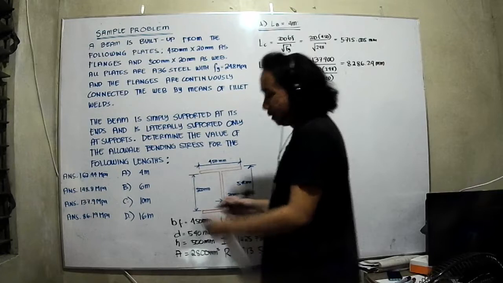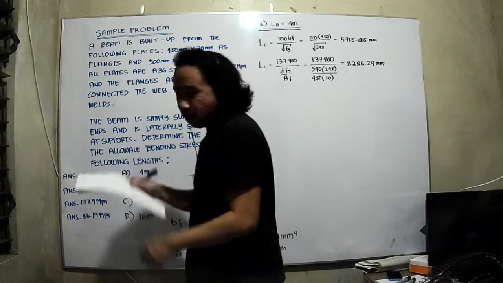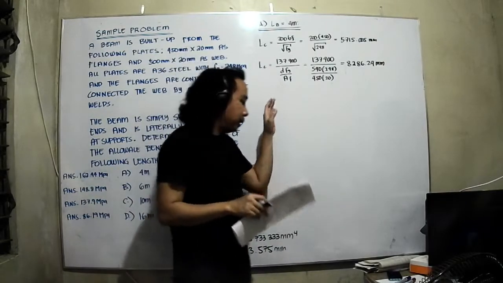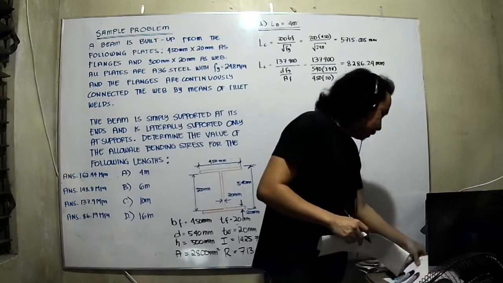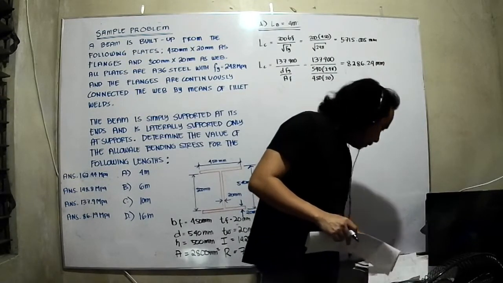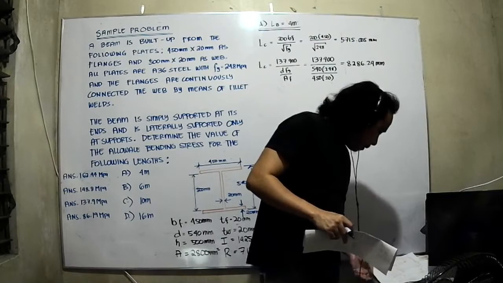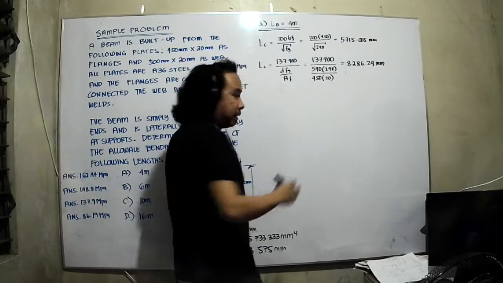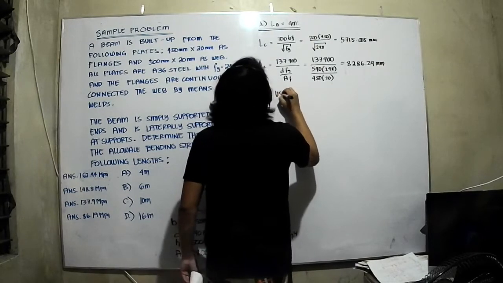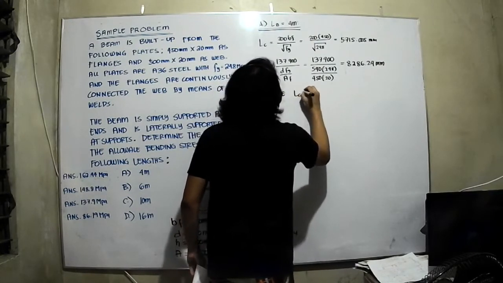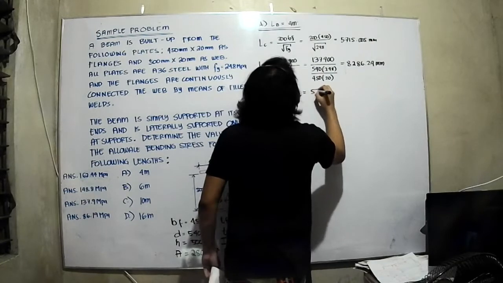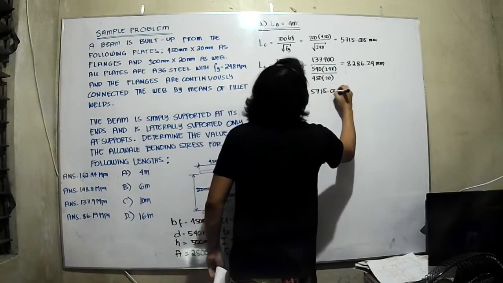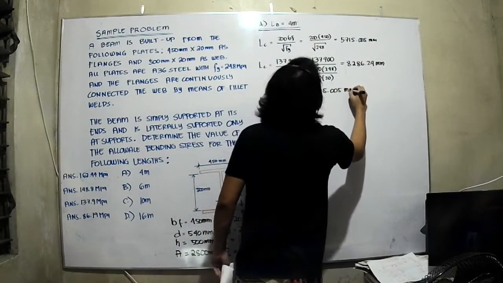millimeters. Okay? Our objective here is to use the smaller number. So the smaller one here, we use 5715.005 millimeters.